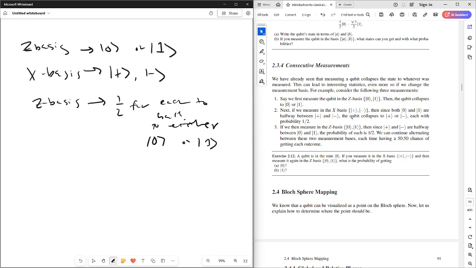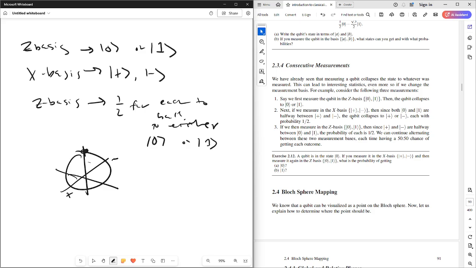So, for example, exercise 2.12, a qubit is in the state 0. If you measure it in the x basis, plus or minus, and then measure it again in the z basis, 0 or 1, what is the probability of getting 0 or 1? Well, we just discussed that. We're at 0, we want to measure in the plus or minus.